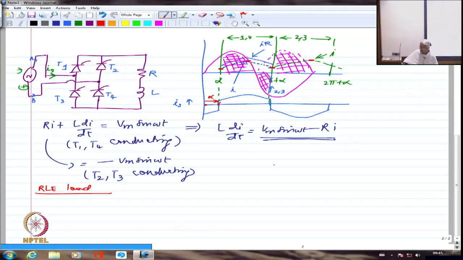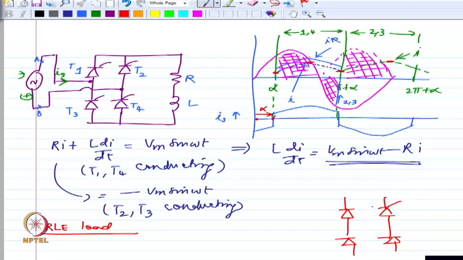So I will have essentially this as the circuit. I'm going to have the 4 devices here, and I'm going to have R, I'm going to have L, and then I'm going to have this.